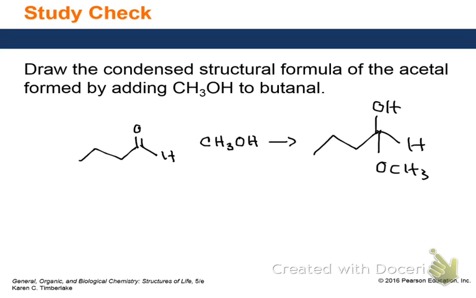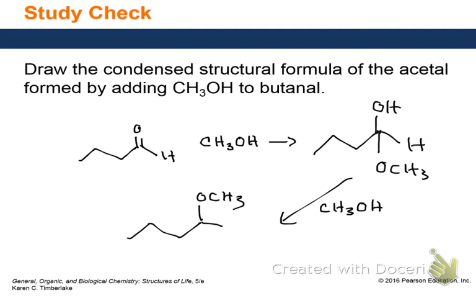And then when you do the next CH3OH, you're going to get this. The H is still there, and now you have OCH3 down here too, like that. So this is the acetal, and this is the hemiacetal.